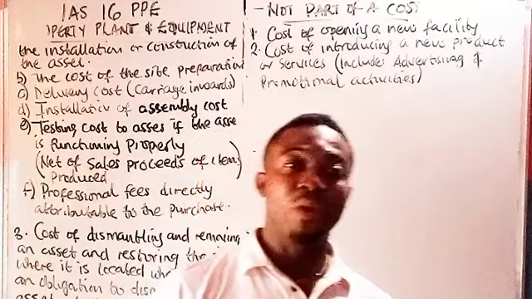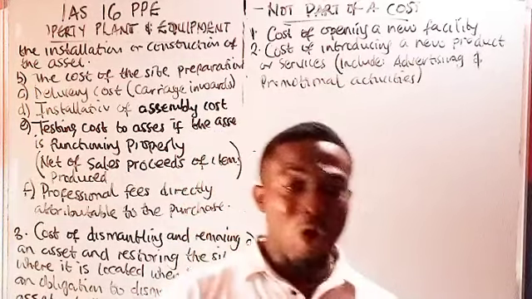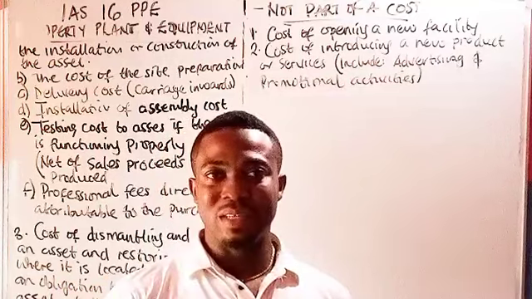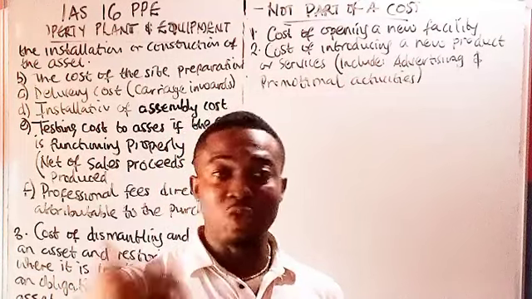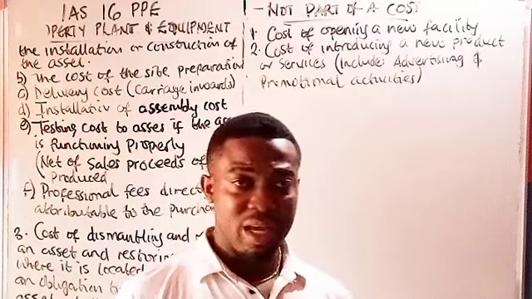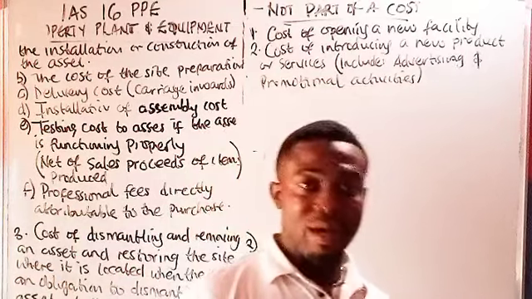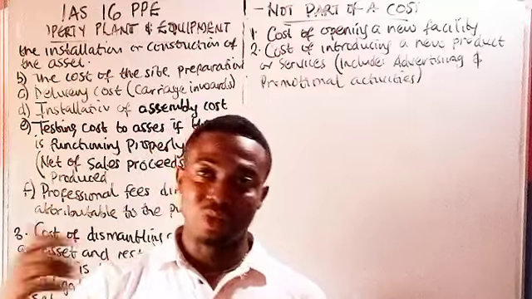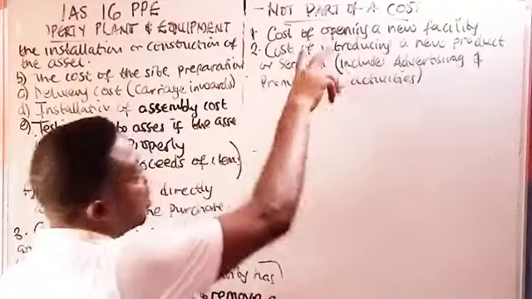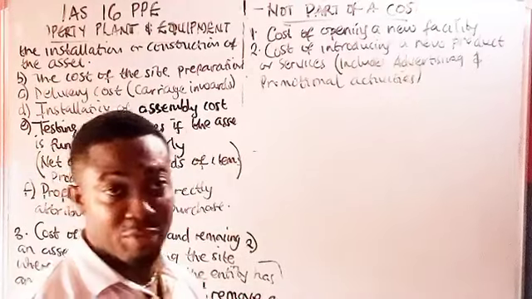So most times they might want to ensure that the public becomes aware that a new product is on sale. And they might also involve other promotional activity, other sales promotion, like reduction in the amount or buy one take two free. Those items do not become part of the cost of an item of PPE.